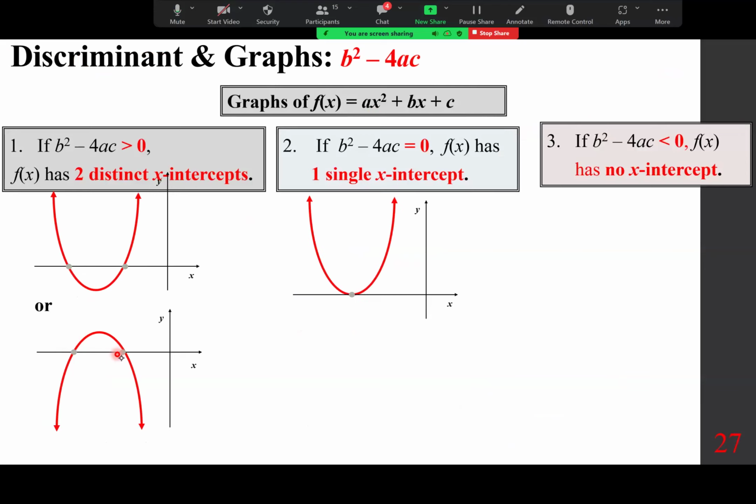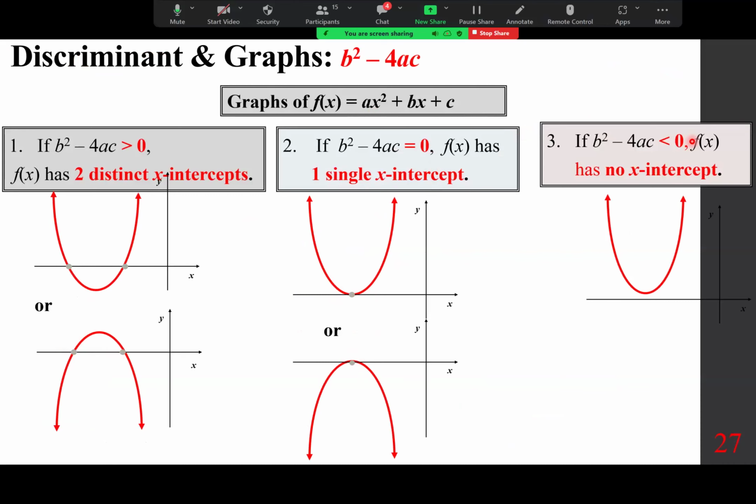If we have a single x-intercept when it's 0, it opens up or down, it touches the x-axis. And when b squared minus 4ac is less than 0, it's either completely above the x-axis or below, and therefore we don't have any x-intercepts. So again, pretty straightforward, everybody.